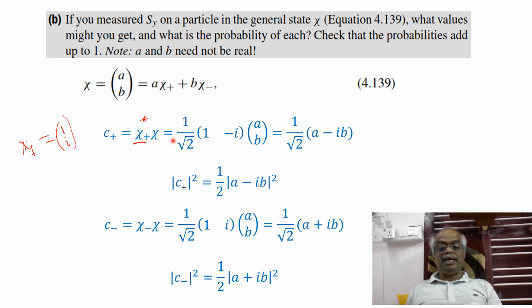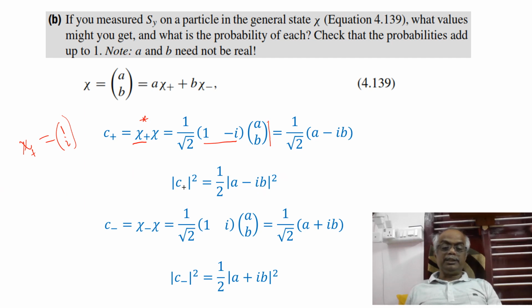Chi is A, B, so if you multiply them, you will get A minus iB, of course with 1 over square root 2 kept as it is. Just multiply this row matrix and this column matrix. To find the probability, you take the modulus square of this probability amplitude, which is equal to 1 over 2 modulus A minus iB squared.